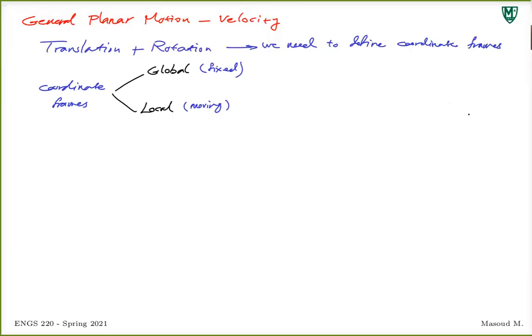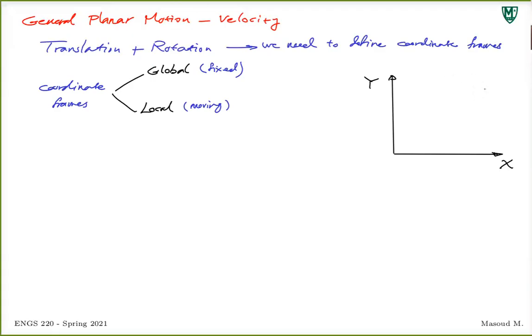So here is the general form. I say this is the global coordinate frame. Let me put it here so I have more room there. Go X and Y. I'll just represent that with uppercase X, uppercase Y. Then we have our local frame.